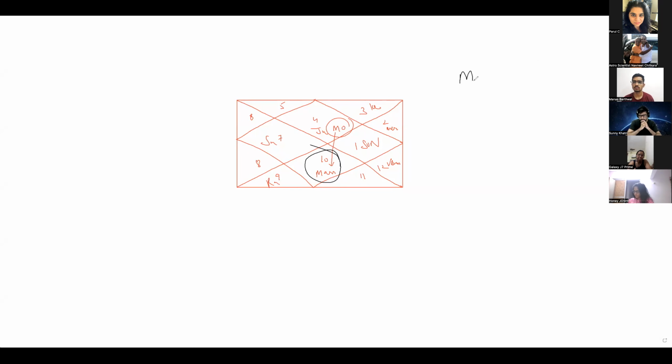Mars is nothing but Hanumanji. So if Ramji is sitting here, Hanumanji is sitting exactly opposite to Shri Ram and protecting Shri Ram. Hanumanji is basically Shiva from inside. It's a Rudra Rupa of Shiva.